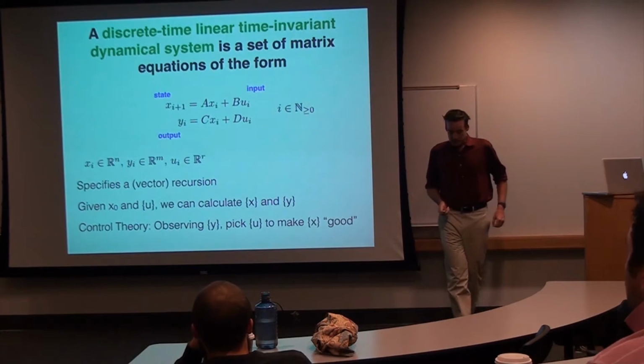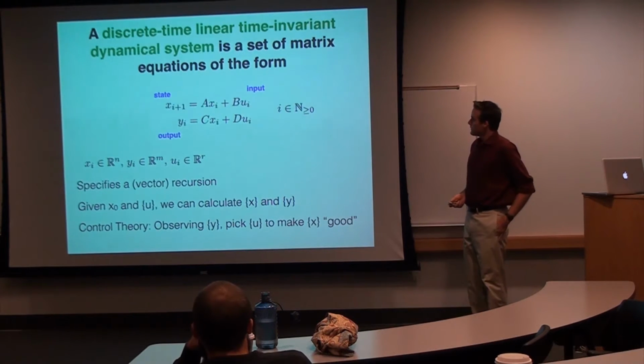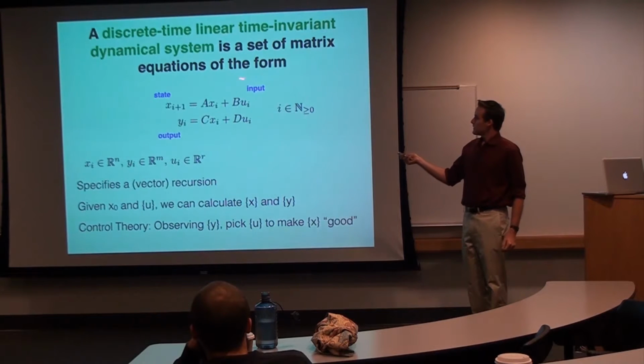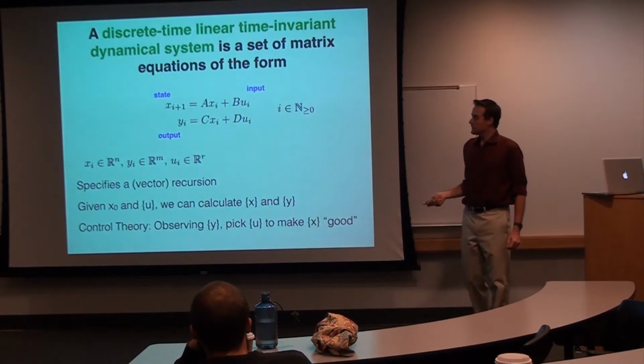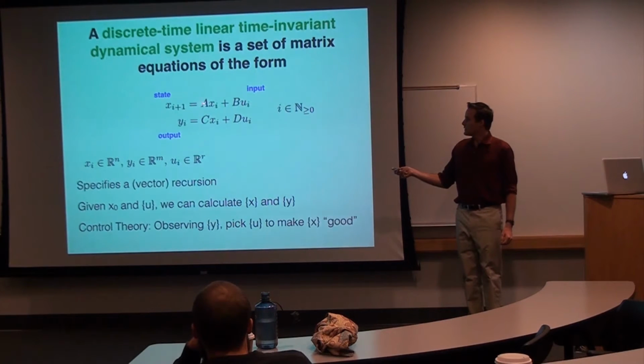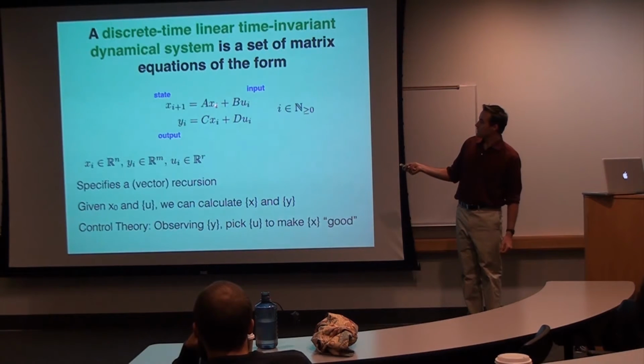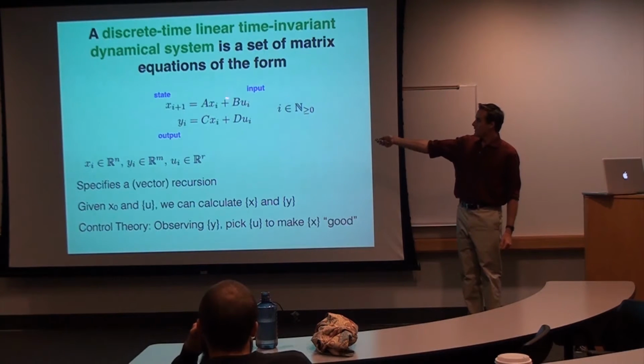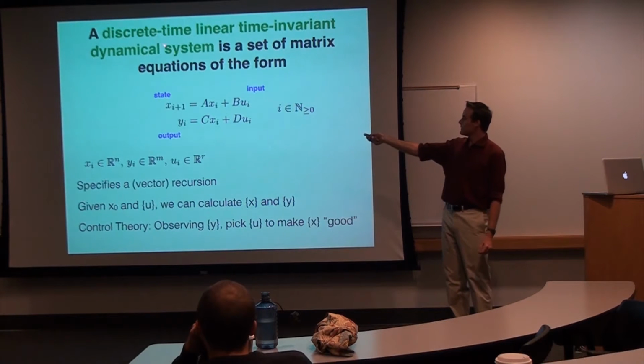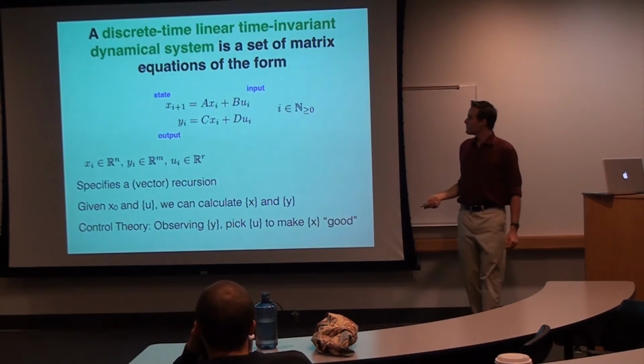A discrete time, linear time-invariant dynamical system is just a set of matrix equations of this form. There are some constant real A, B, C, D matrices, and there's a sequence of vectors x, y, and u that evolve according to this equation here. It's called discrete time because these equations evolve over the natural numbers and not the real numbers.